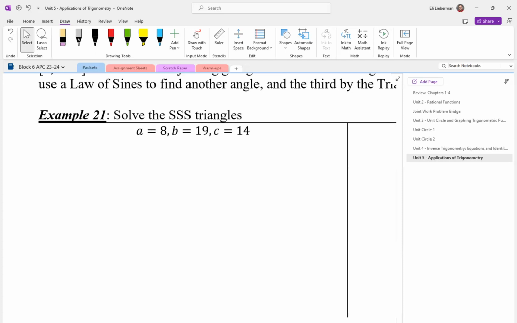Trying to make sure that your neighbor's on the right track with that first equation. For the biggest angle.